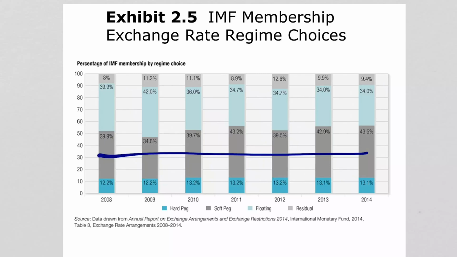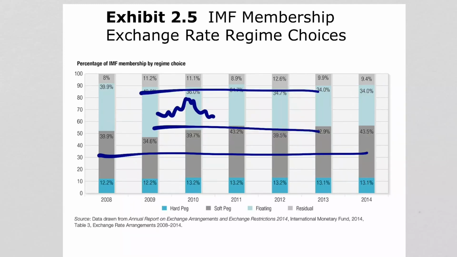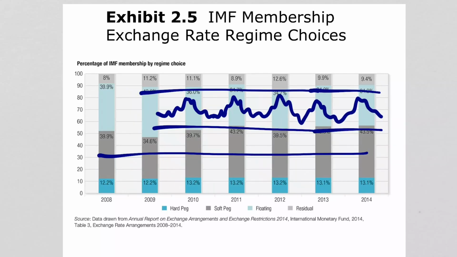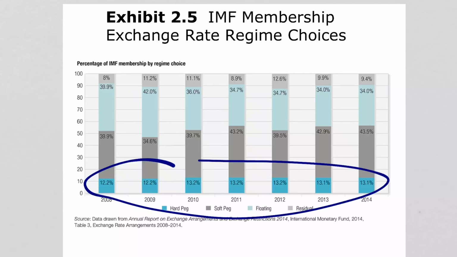That is, they allow their currencies to fluctuate somewhat, but it's linked in value to another currency and not allowed to deviate too much from that. A relative minority have a hard peg, meaning that their currency doesn't change at all in relation to another currency. That's a very expensive thing to do, have a hard peg. Over the course of these lectures, we'll find out why that's expensive.